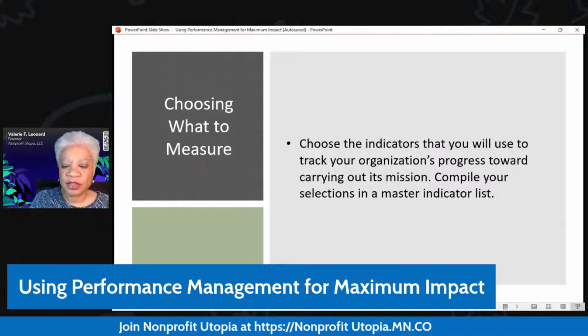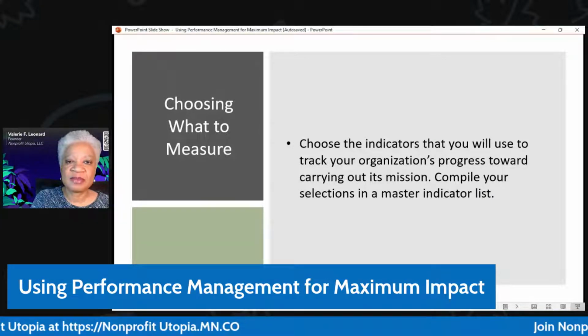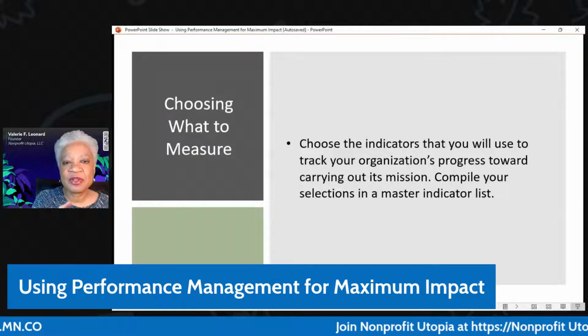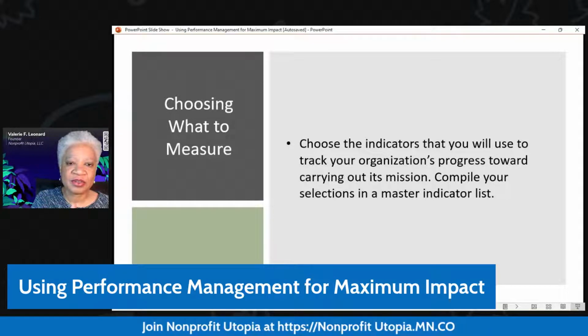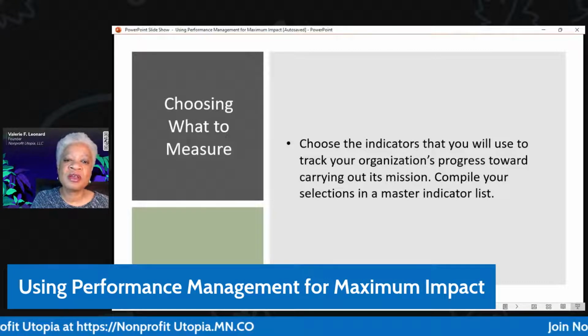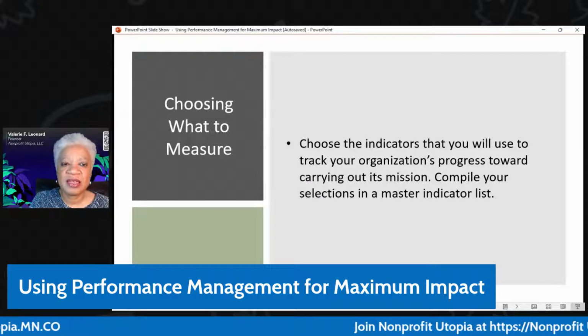You want to make sure that you have some say as to what goes into this master list. Think about this process as similar to developing a general ledger when you do your financial system, right? There's certain accounts that everybody uses across the board. So likewise, there are going to be certain types of indicators that everybody uses.